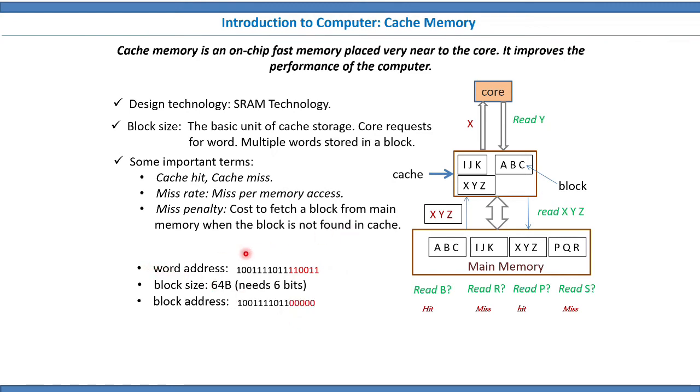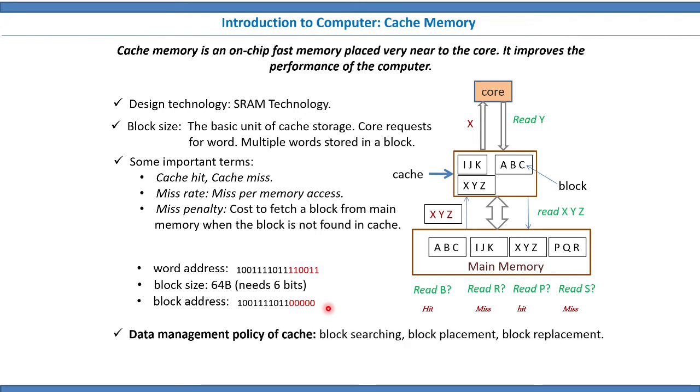When this particular word is requested by a core, this word belongs to this particular block. This is the block address, because these 6 bits are actually the offset. So the block address will be this, 000. Okay. So now I hope the word address and block address concept is clear to you.